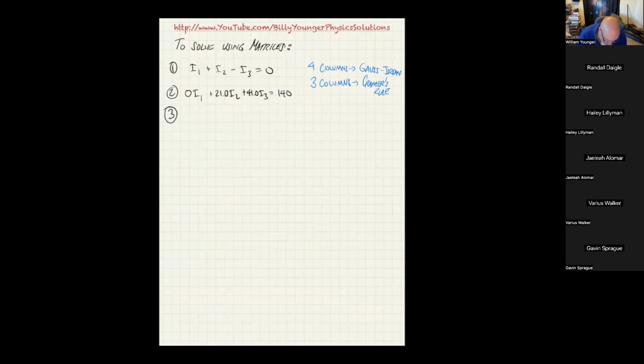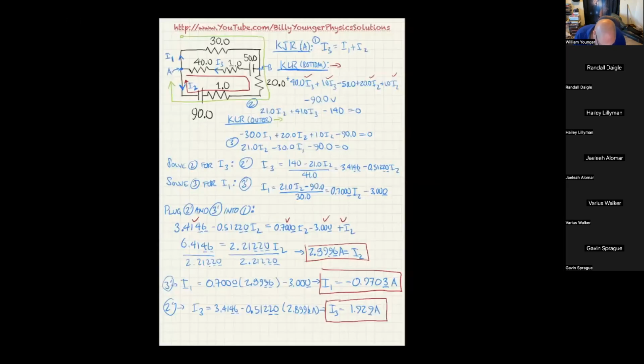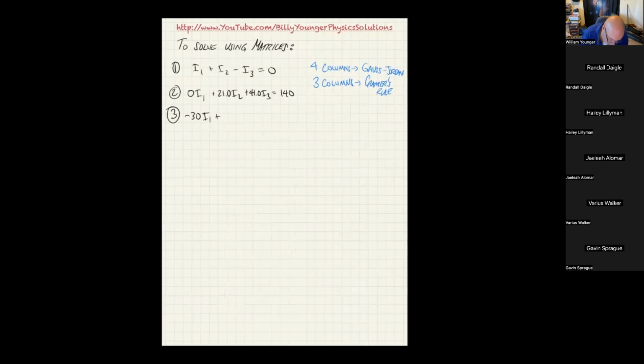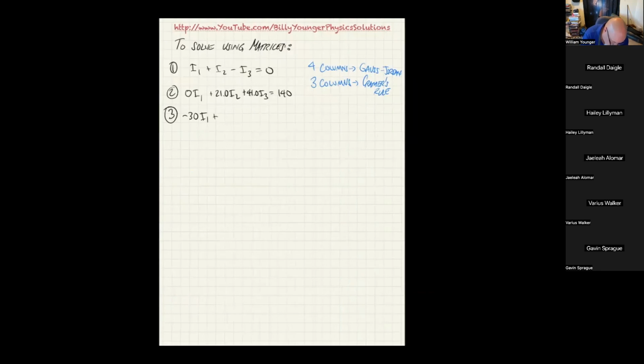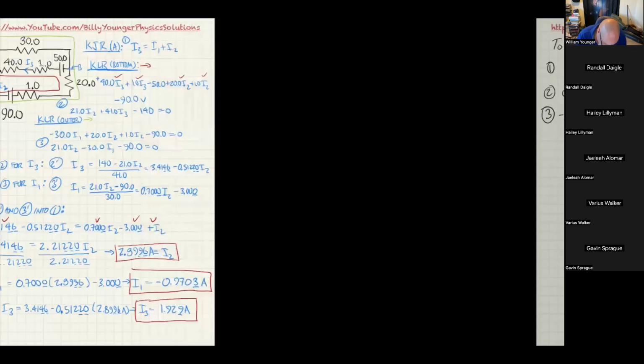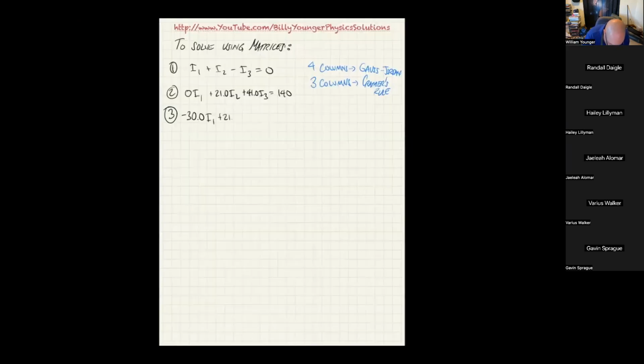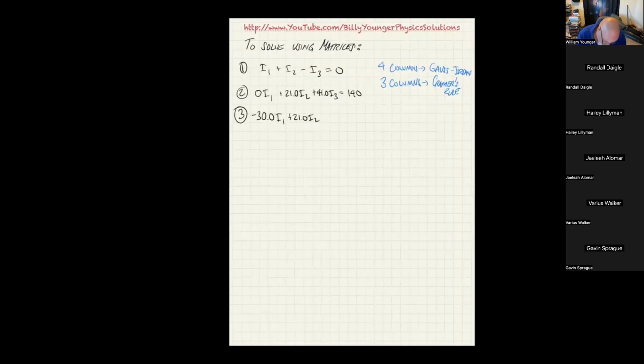Now I take equation 3, and that was 21 I2 minus 30 I1 minus 90. So I'm going to write minus 30.0 I1 plus 21.0 I2, and make sure that was right.